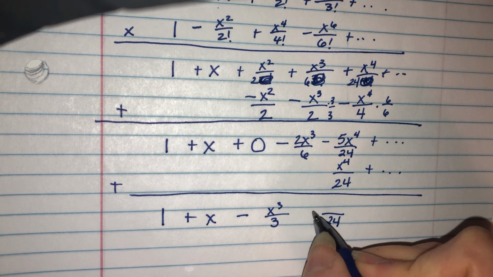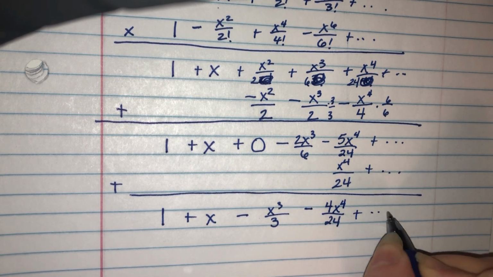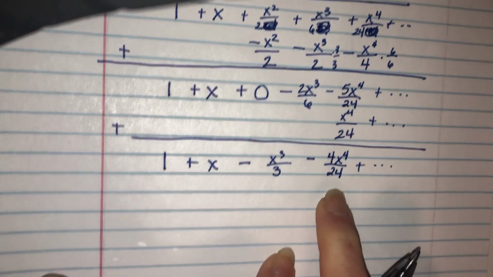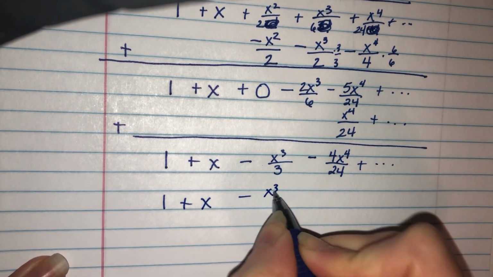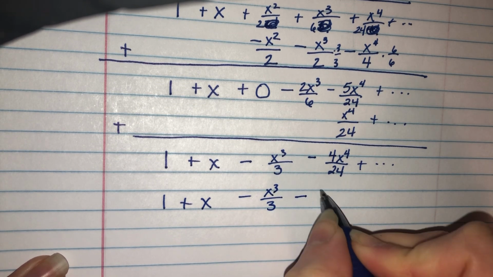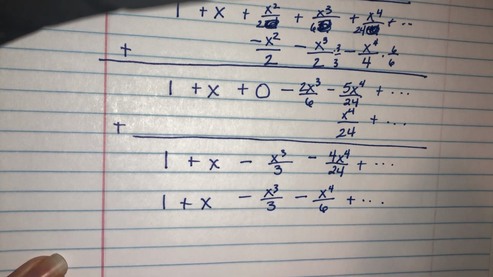So we subtract and we get negative 4x to the 4th plus dot dot dot. Now that is not a simplified fraction, so I'm going to simplify it. So it's going to be negative x to the 4th over 6 plus dot dot dot.